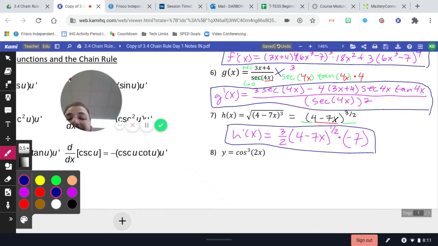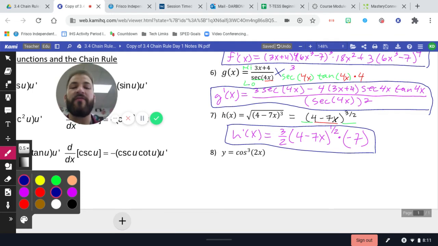Last but not least is number 8. We have y is equal to cosine cubed of 2x. To help us out, I'm going to rewrite this real quick, because cosine cubed just means the same as cosine of 2x cubed. It means cosine of 2x times cosine of 2x times cosine of 2x.